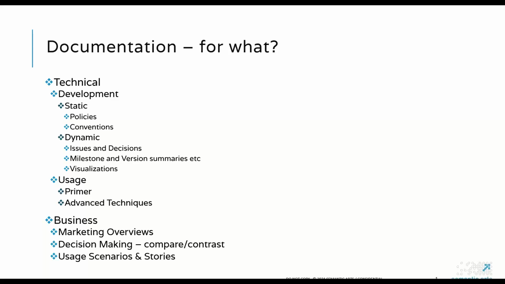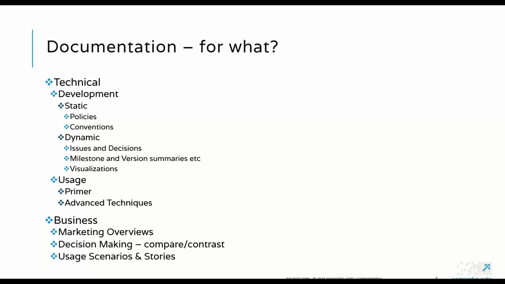Fine? That's good. So we've got technical documentation, and there tends to be a couple of different angles to technical documentation: stuff that we use in development, and other stuff that we use when we want to help people to use what we've developed. And when we're dealing with the development documentation, there tends to be a few things that are fairly static.